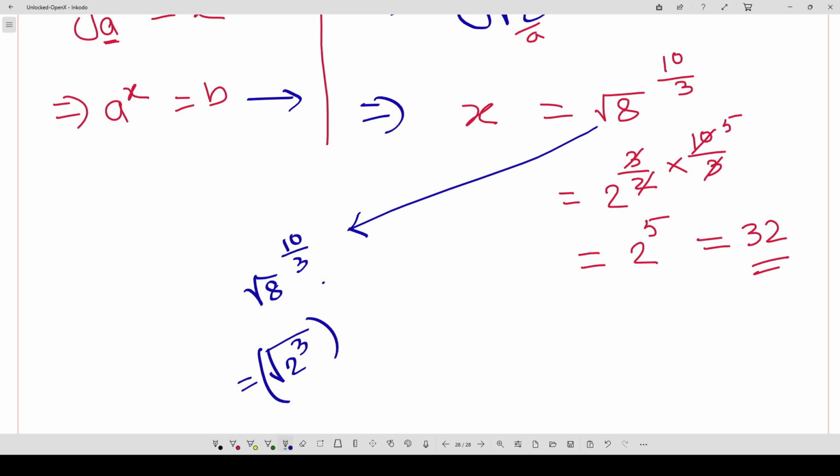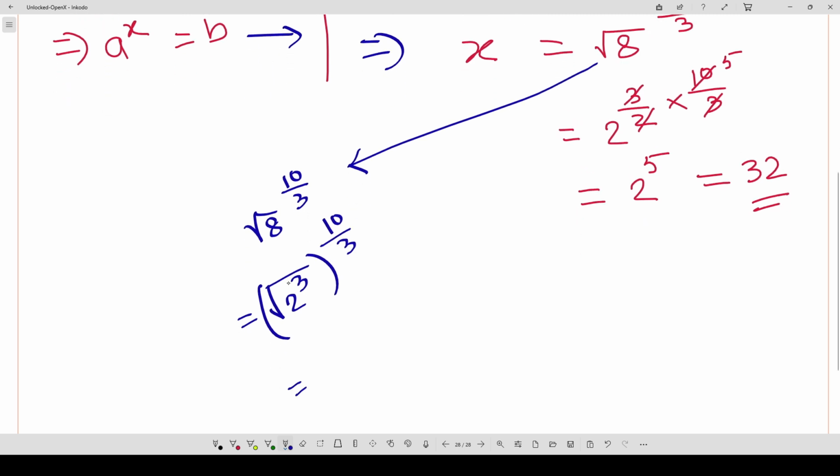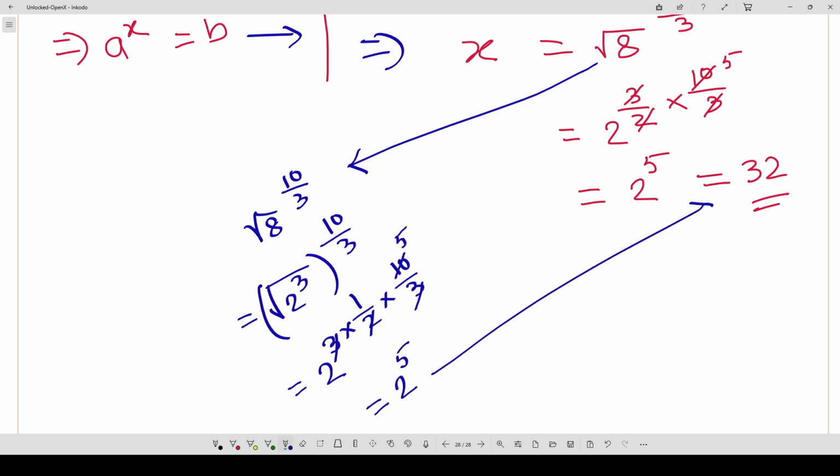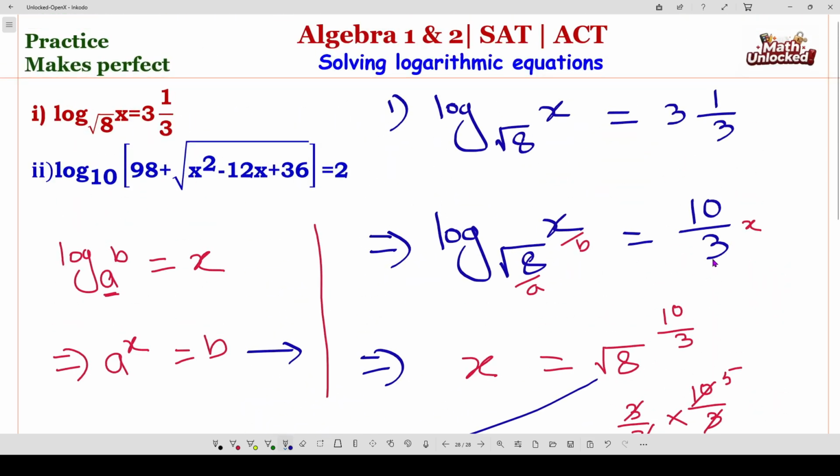We need to omit this root sign, so against root we can write 1 by 2, and here times 10 divided by 3. So 3 divided by 3 is 1, and 10 divided by 2 is 5. Finally we can write 2 to the power 5, which is 32. So the first question answer is done.